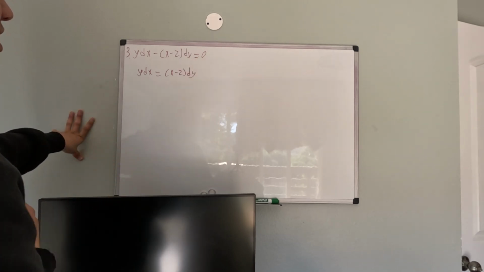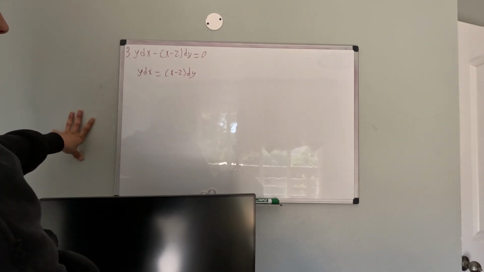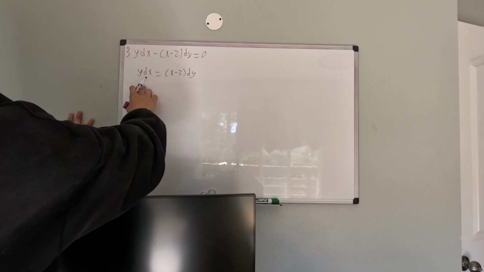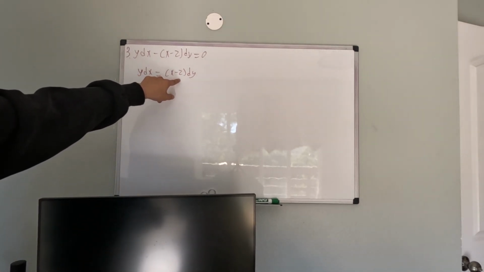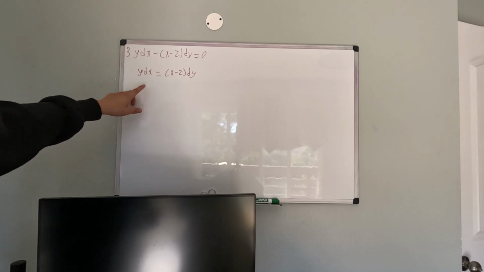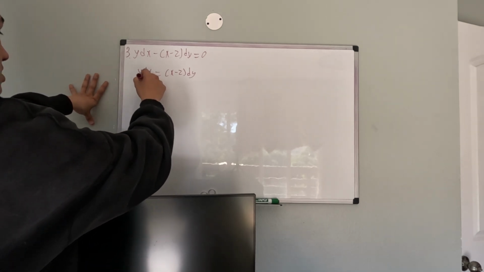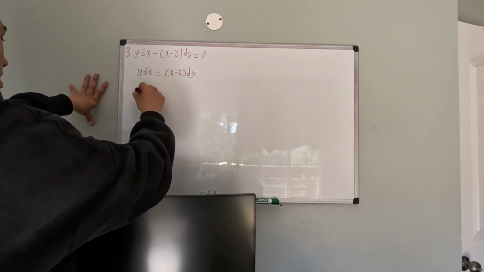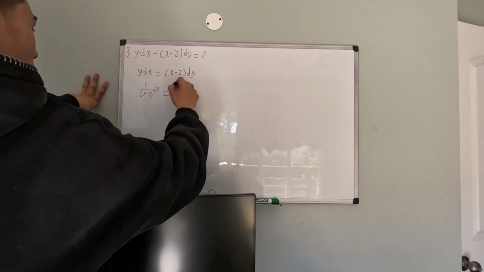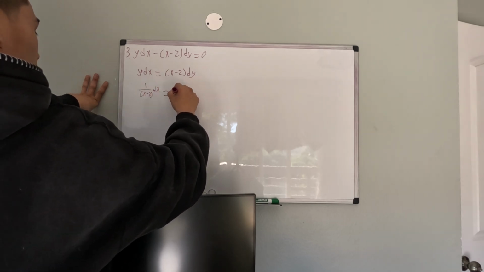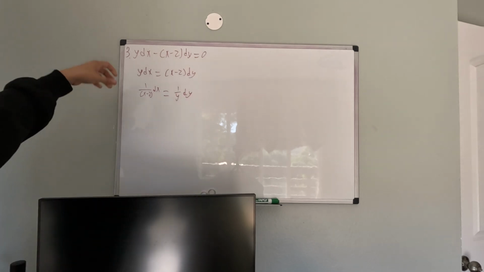Now, let's divide both sides by y, and divide both sides by x minus 2. So what we're going to get is 1 over x minus 2 dx equals 1 over y dy.